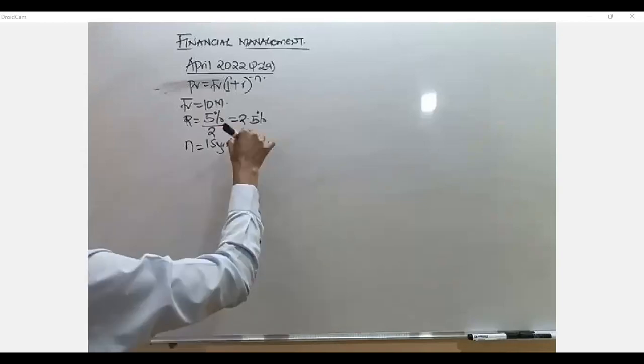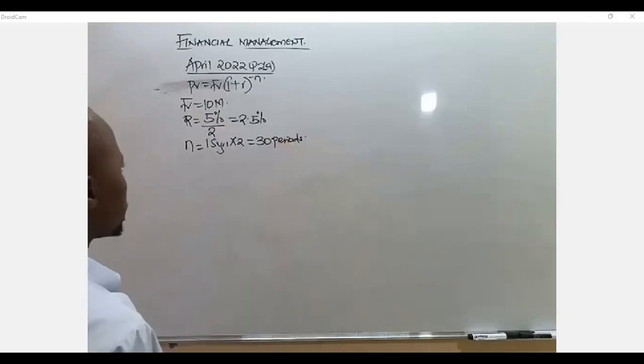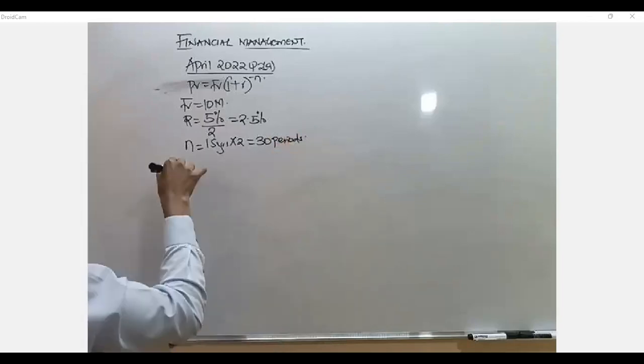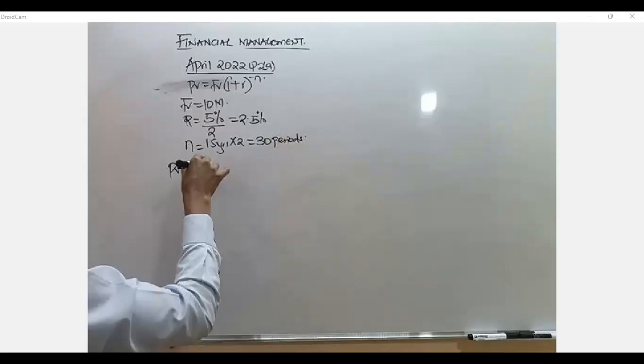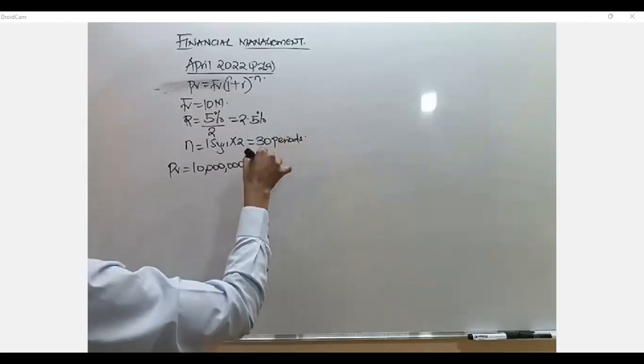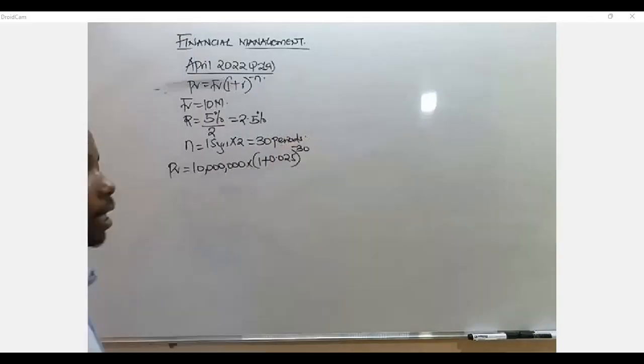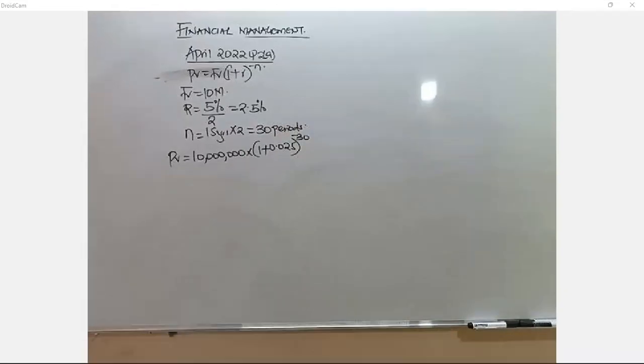I multiply by 2 and I get 30 periods. So what is my present value? We take the future value, which is 10 million, and multiply by 1 plus 0.025, raised to the power negative 30. So how much am I supposed to be depositing today? That is what the examiner is asking. If after 15 years we'll get 10 million, what is the amount today? So 1.025.